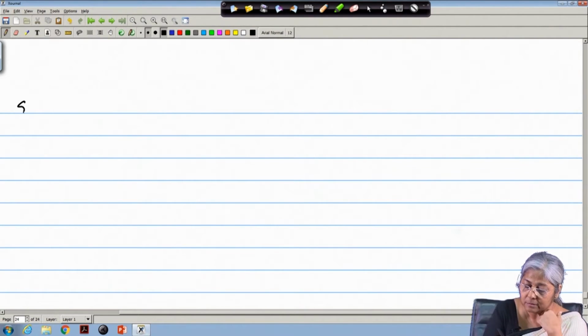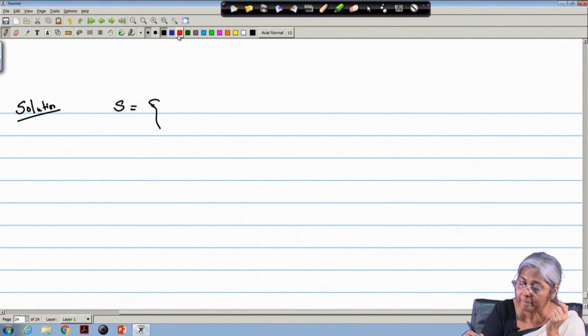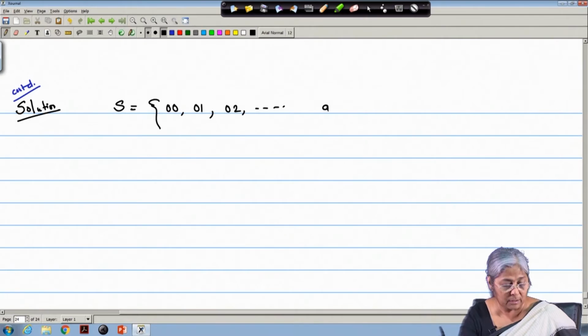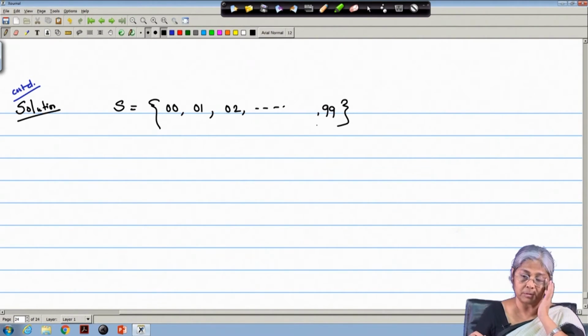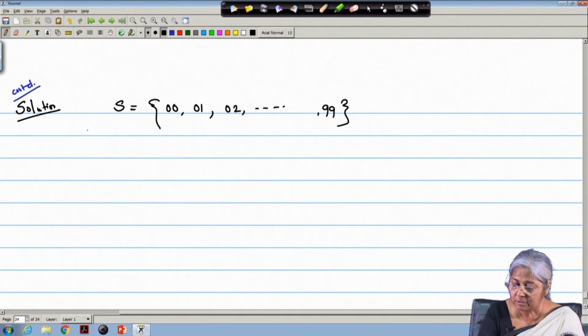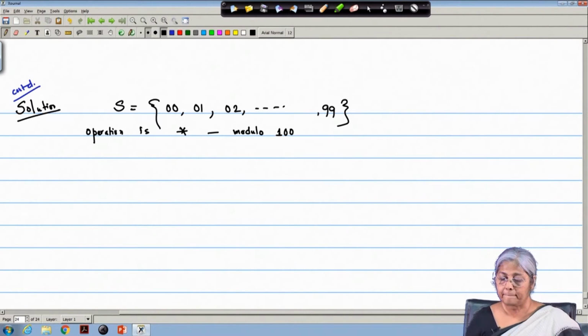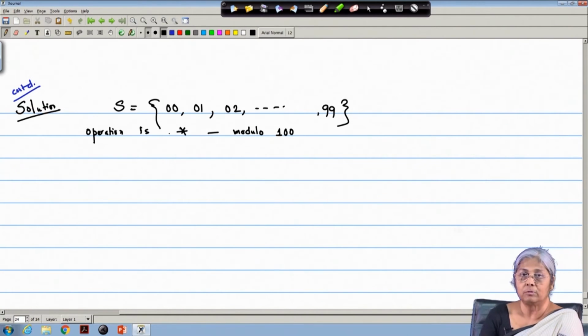My set S is 00, 01, 02, up to 99, all 2-digit numbers, and my operation is star, which is multiplication and then modulo 100.